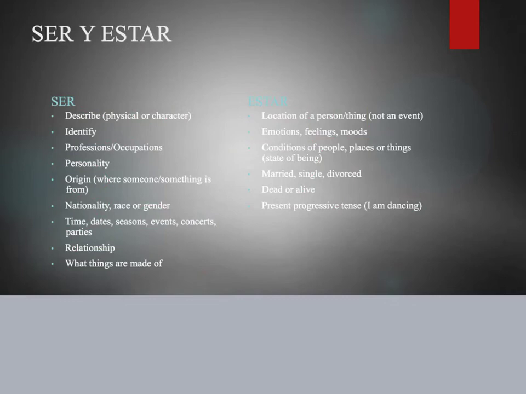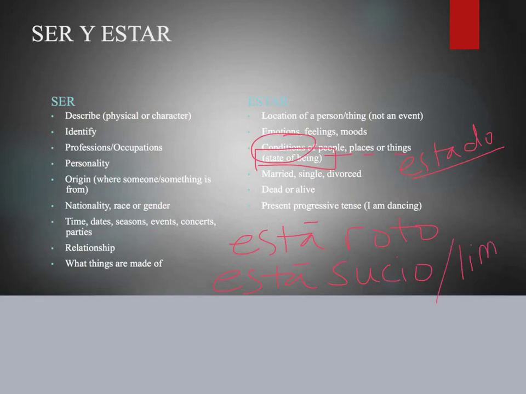Okay, we might also use it to describe conditions of people, places, or things. So like our state of being, or in Spanish we would use el estado, the state of the thing that we're talking about. So for example, if something's broken, está roto, it's broken, that's its condition. Or if it's dirty, está sucio, or está limpio, if it's clean.